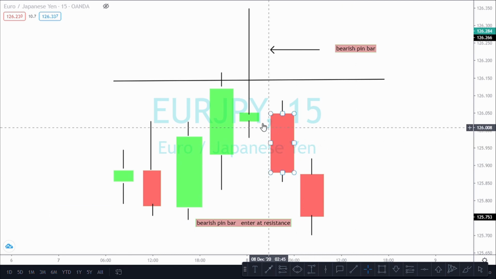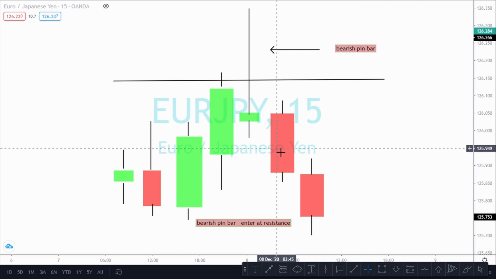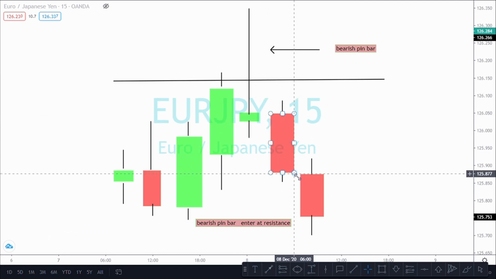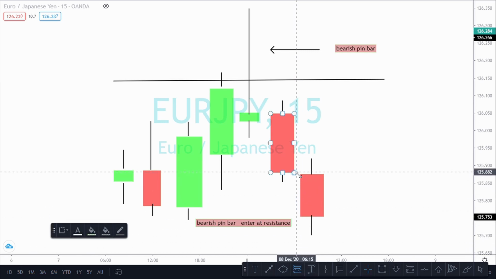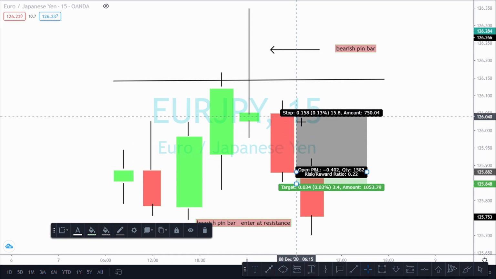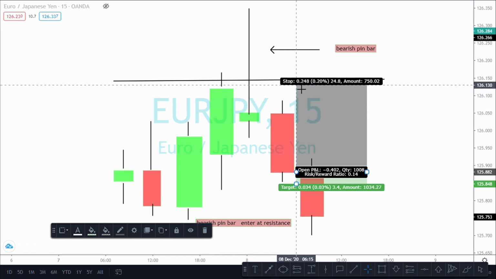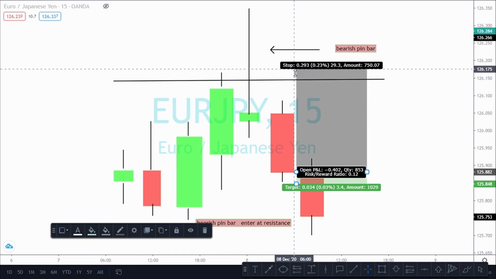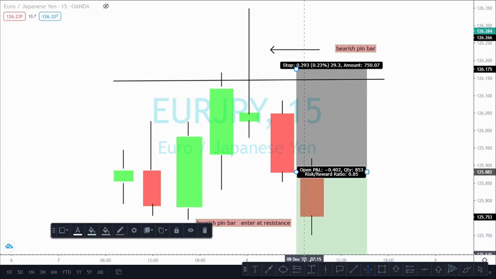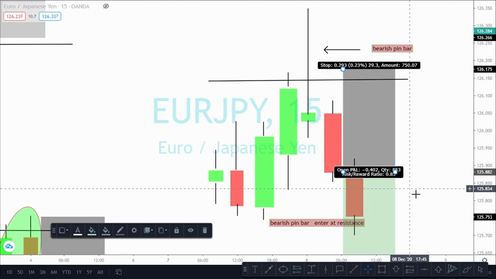Okay, so this would finish and close out, and then we would set our short order right here, and then we would just cover it where the market decides it doesn't want to go. And then we run with the rest of the trade all the way down to wherever it takes us.